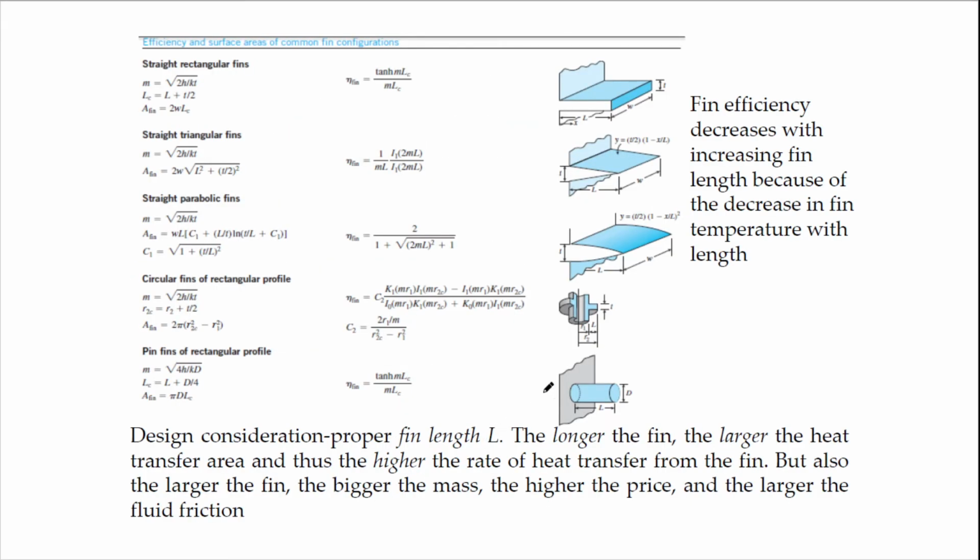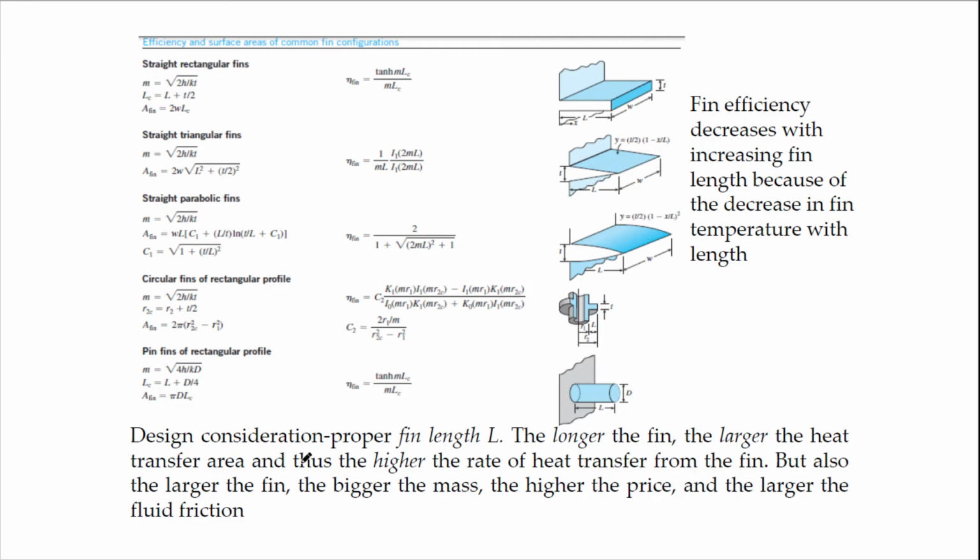Alright, so everything is tabulated. You can find all the data in your heat transfer book. What is the corrected length, what is the m, what is the efficiency; you can use the table in your book to calculate the parameter or the value that you want. So the design consideration for fin length: the longer the fin, the larger the heat transfer area.